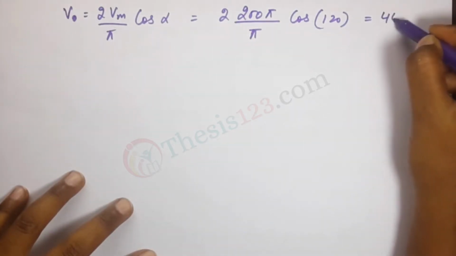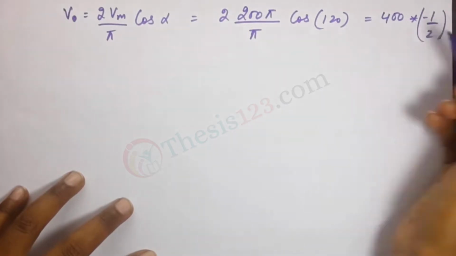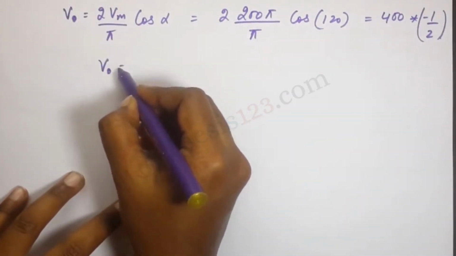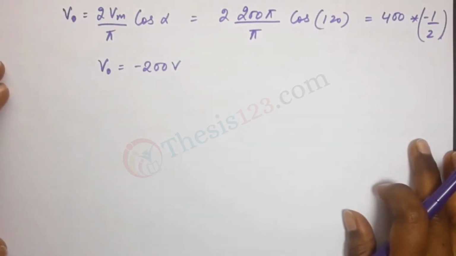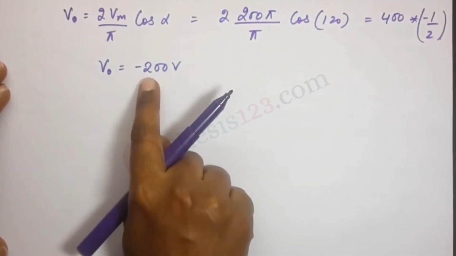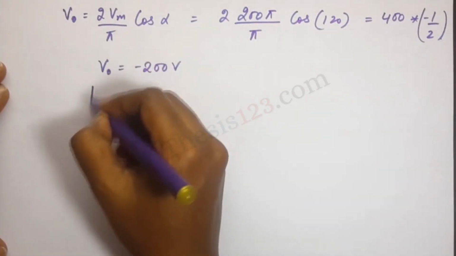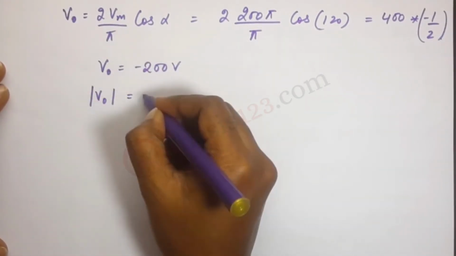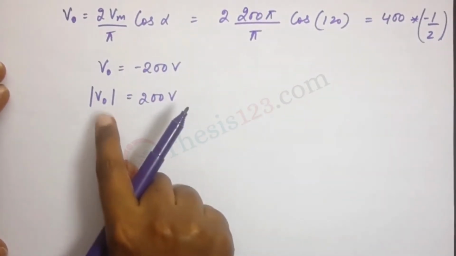So it's 400 into minus 1 by 2. So we have V0 is equal to minus 200 volts. Since V0 equals minus 200, let's take the magnitude alone. So the magnitude of V0 is 200 volts.